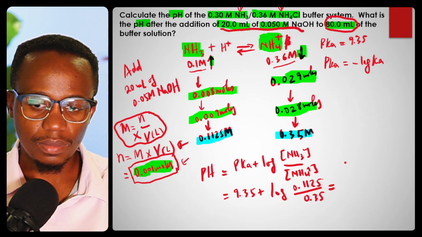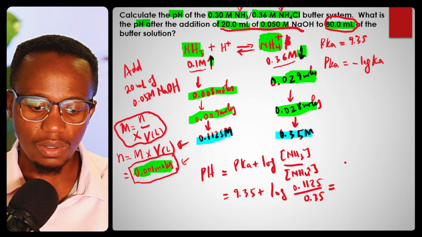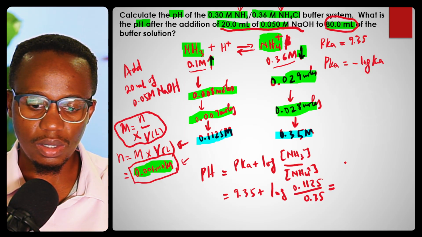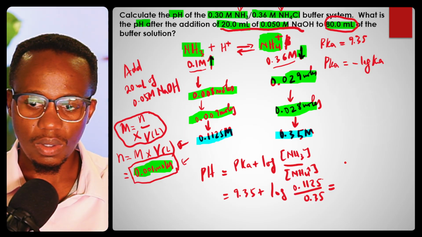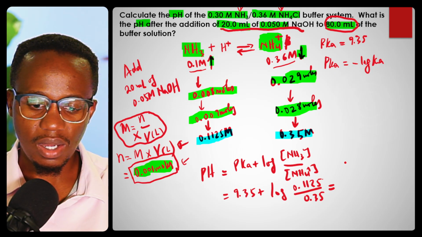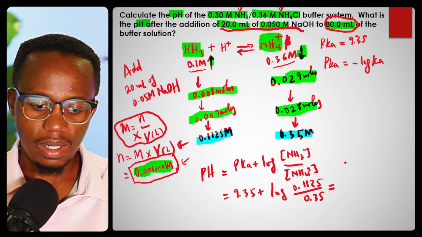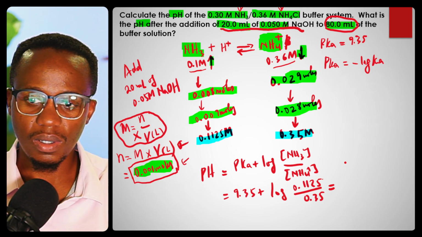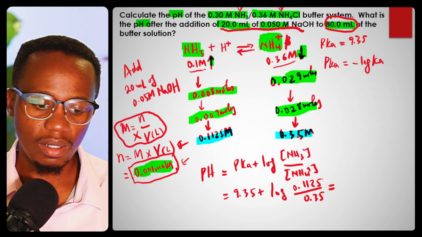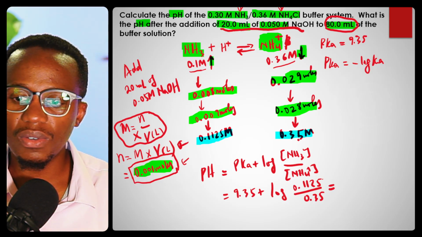Log of 0.112 over 0.35, close parenthesis, plus 9.35 is equal to 8.85, right?